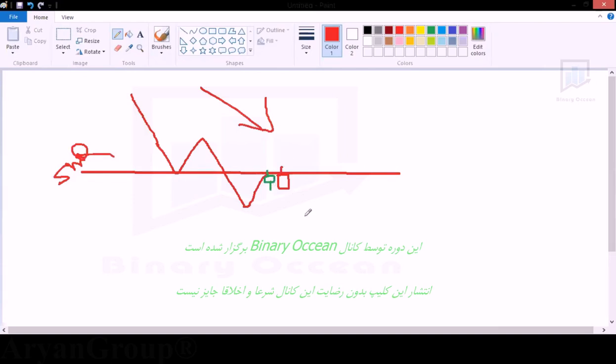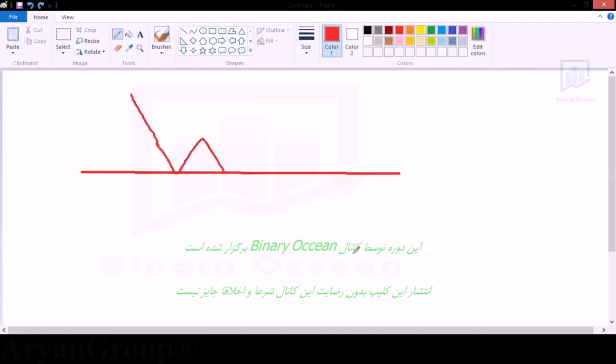So we can go with sellers, but we need additional confirmation, the next candle, which will close below the previous candle closing point. Then we can enter into the market. We can exit from the next strong reversal point. If there is any strong reversal point, we can exit from the market with some profit.